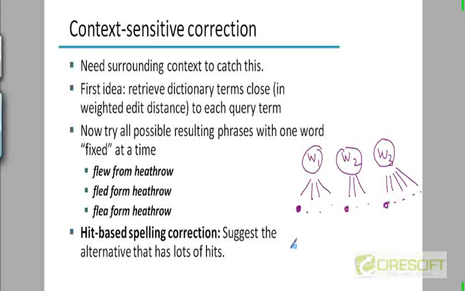That would be one possible spelling suggestion for the phrase as a whole, W1, W2, W3. I could take the first spelling suggestion for W1, combine it with the second spelling suggestion for W2 and the fourth spelling suggestion for W3. That would be another spelling suggestion for the phrase as a whole. So that way you could try all possible combinations of spelling suggestions for the individual words and come up with a list of spelling suggestions for the phrase as a whole.